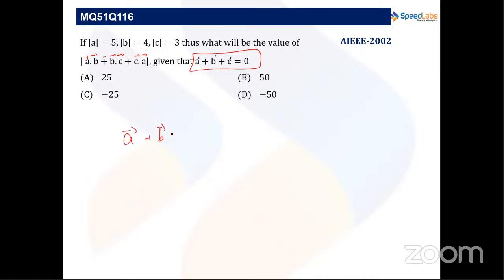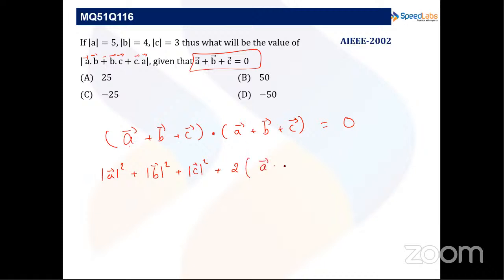So what we are going to do is find the dot product of A plus B plus C with itself. Since A plus B plus C is 0, the dot product of A plus B plus C with itself will also equal 0. So we'll be getting A dot A, that is mod A square, plus mod B square, plus mod C square, plus 2 times A dot B plus B dot C plus C dot A, and that will be equal to 0.